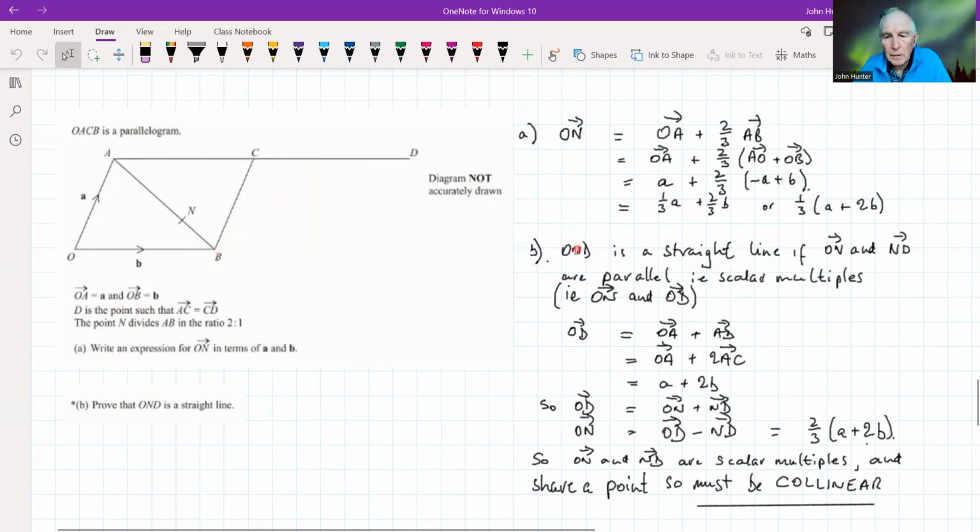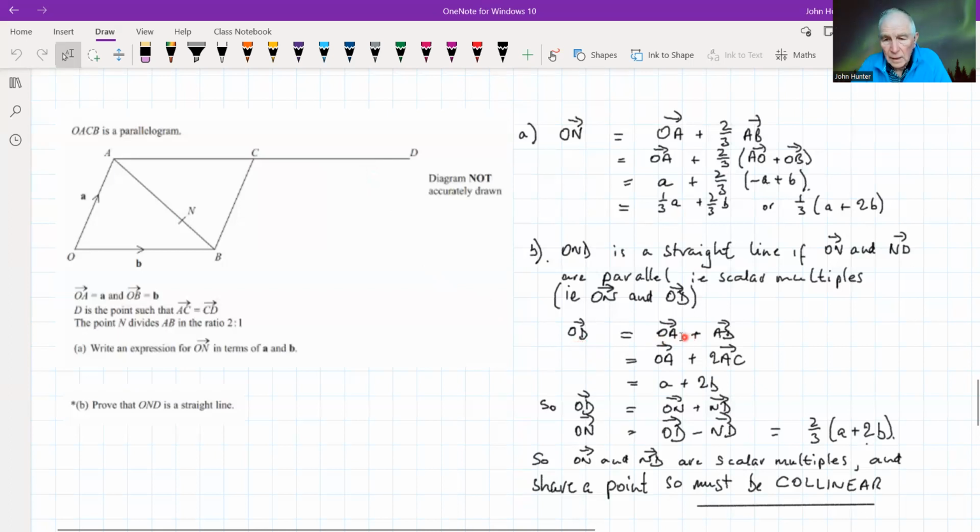Okay, so OND is a straight line if ON and ND are parallel by scalar multiples. And in actual fact, ND, well, we could do that, but the same logic also applies to ON and OD. And OD is going to be pretty straightforward to do. Let's do that first.